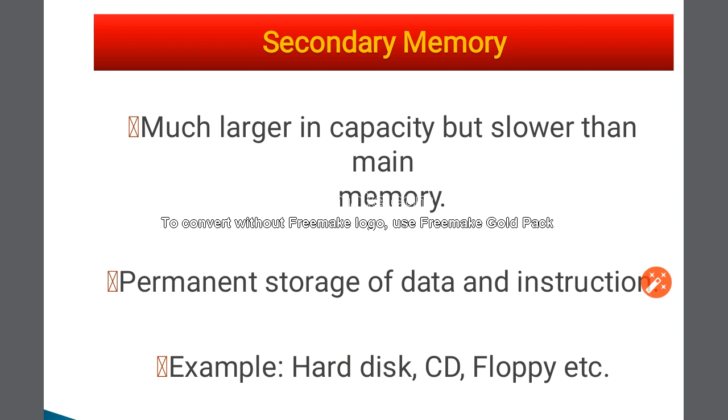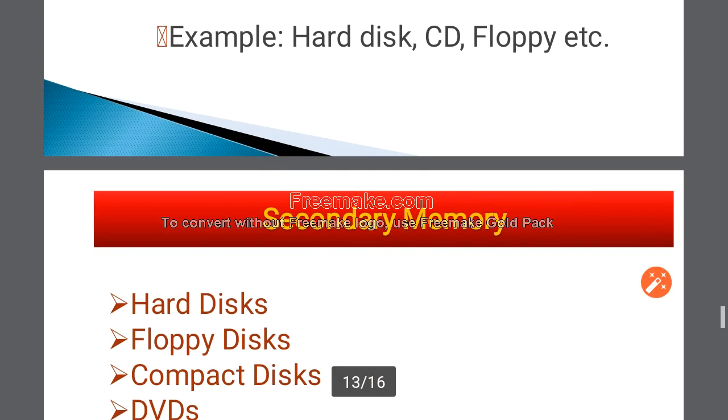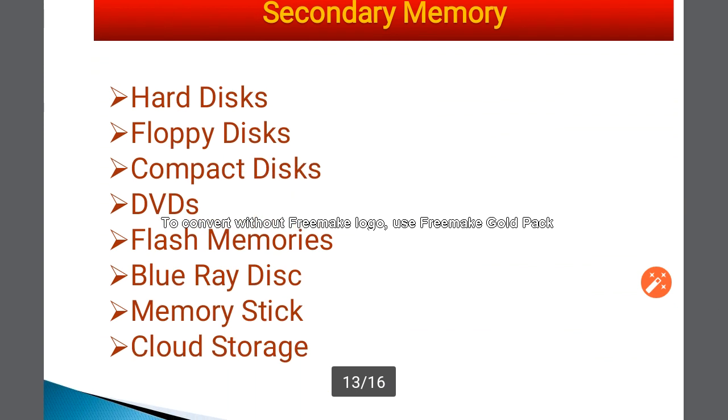We are going to cover it in the next slide. Let us see some examples: hard disk, floppy disk, compact disk, DVDs, flash memories, Blu-ray disk, memory stick, cloud storage. So all these are different types of secondary memories.